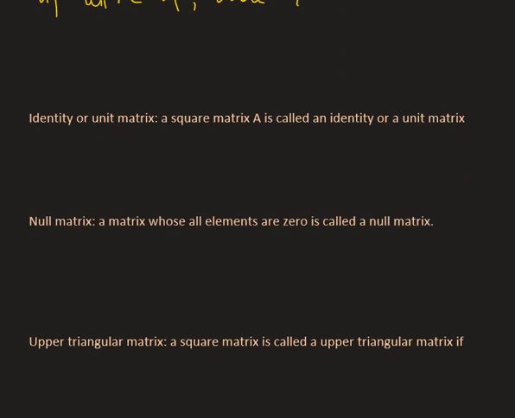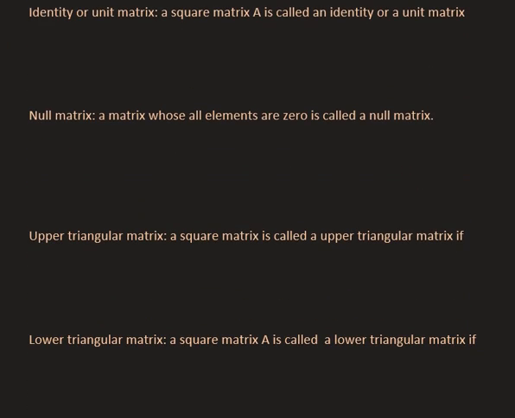Now, the next variant is the identity or unit matrix. A square matrix A is called an identity or unit matrix if Aij equals 0 for all i not equal to j and Aii equals 1 for all i.